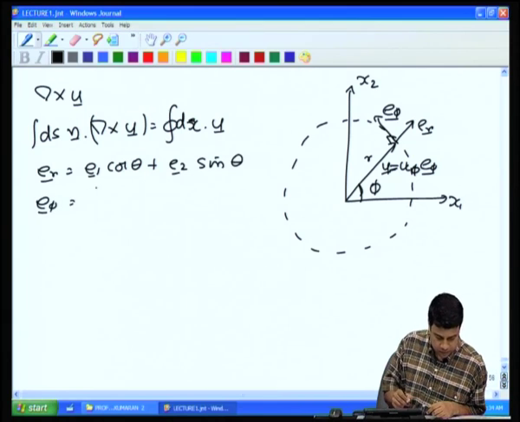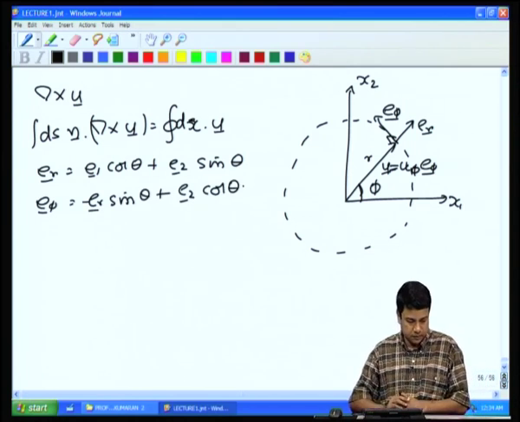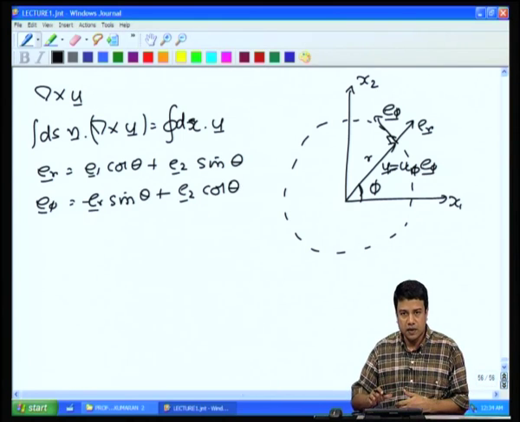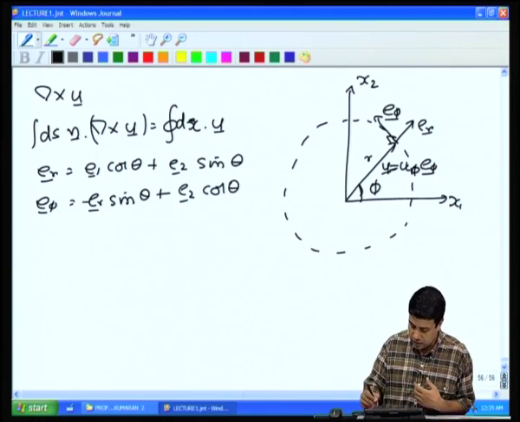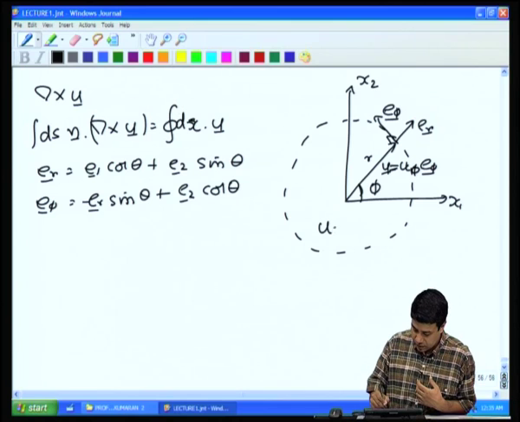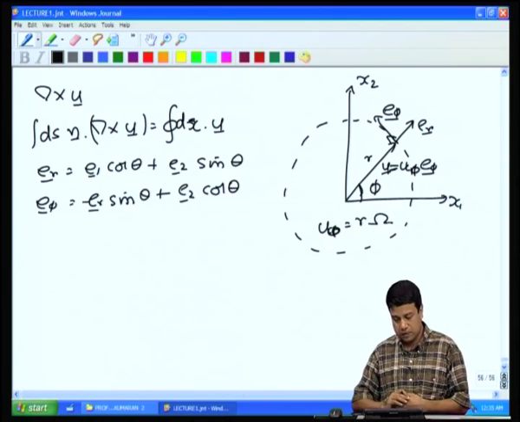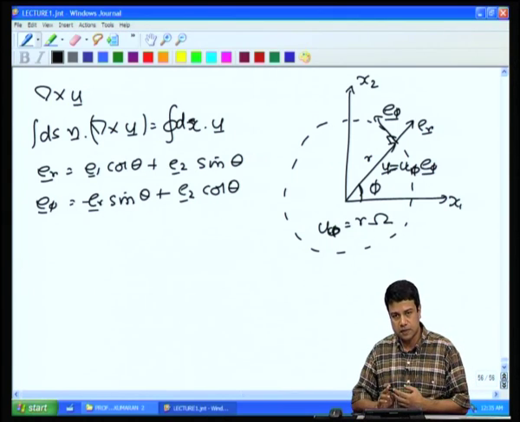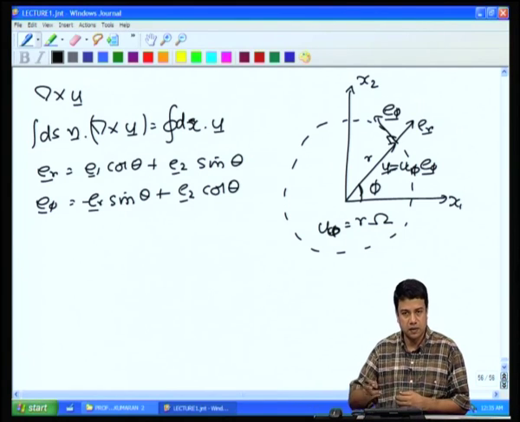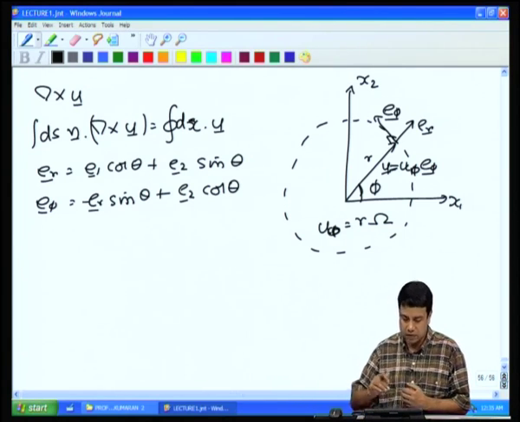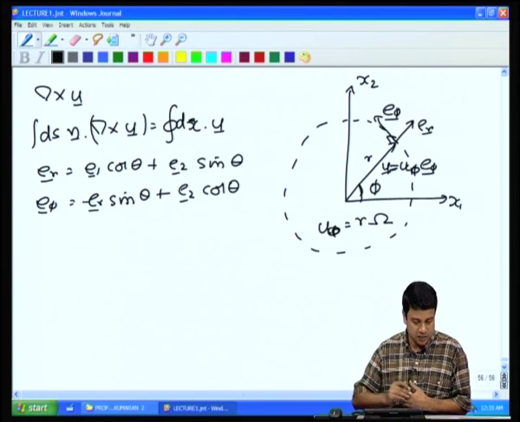E phi is equal to minus E1 sin theta plus E2 cos theta. Now, if I take a body that is in solid body rotation, that means that the linear velocity u phi at any distance r is equal to r times the angular velocity omega. The angular velocity omega times r is the linear velocity at any position, distance from the center. So, this is a solid body that is rotating about this central axis.